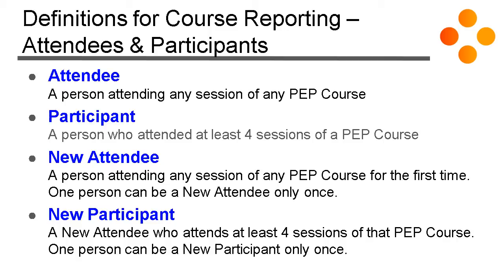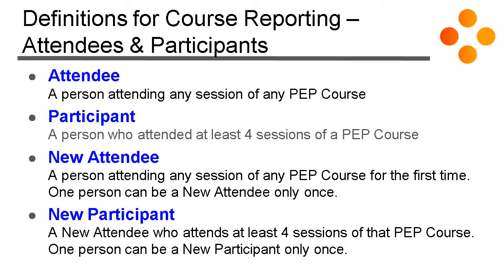An attendee is just a person who shows up at a session. Very simple. We use the word participant for someone who attends at least 4 sessions of a course. New attendees are people who are attending a PEP session for the first time. By definition, that happens only once.